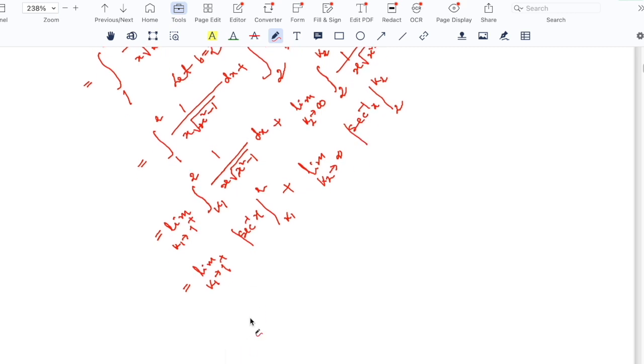Now if I put the upper limit, it will be sec inverse 2 minus sec inverse k1, and k1 I can replace by 1, so it will be sec inverse 1, plus here if I put the upper limit, it will be sec inverse k2 minus sec inverse 2.